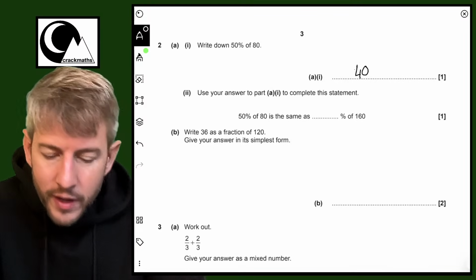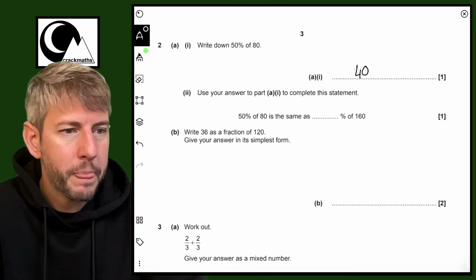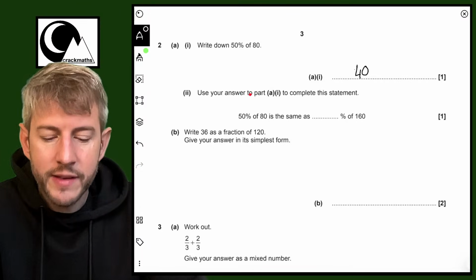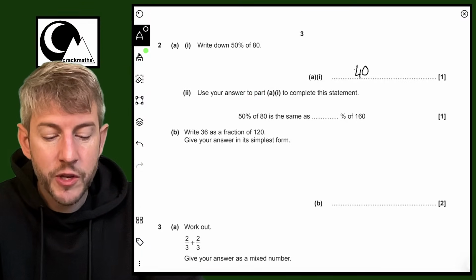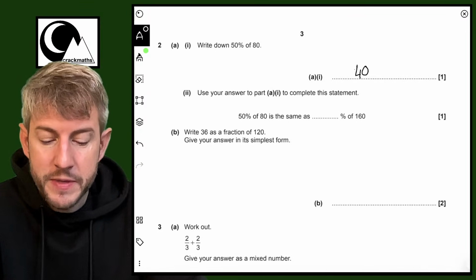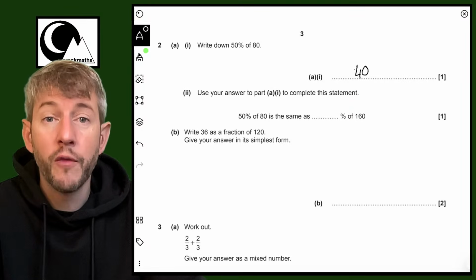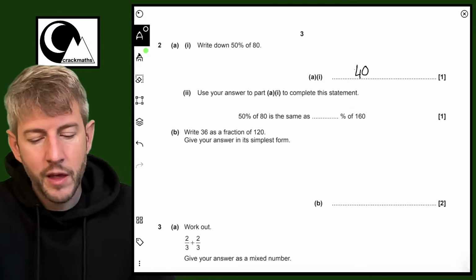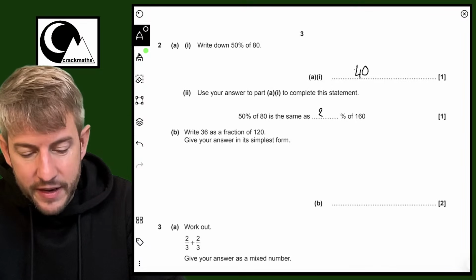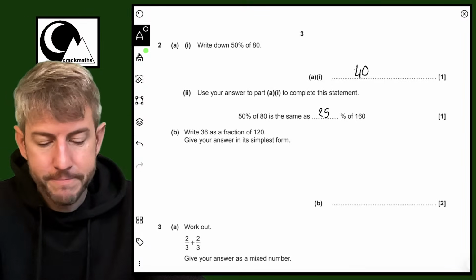Okay. Next part, we've got part 2 here. Use your answer to part A to complete this statement. 50% of 80 is the same as what percentage of 160? Okay, well, it's going to be 25% of 160.